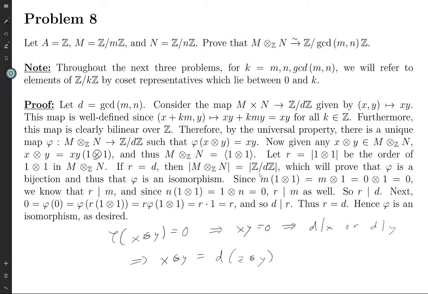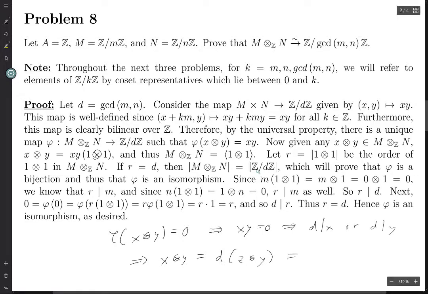So x tensor y is this, and d is the order of 1 tensor 1. So this is z times y times d of 1 tensor 1.